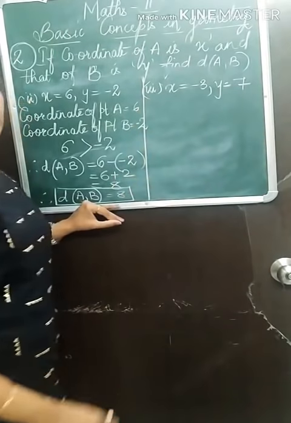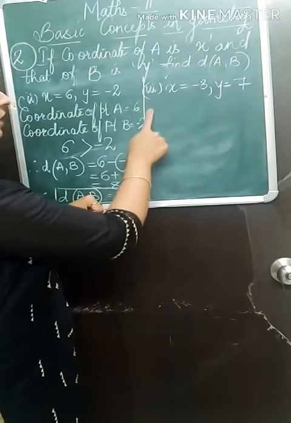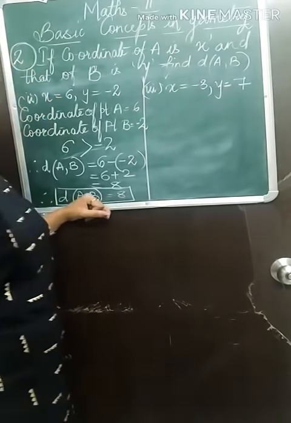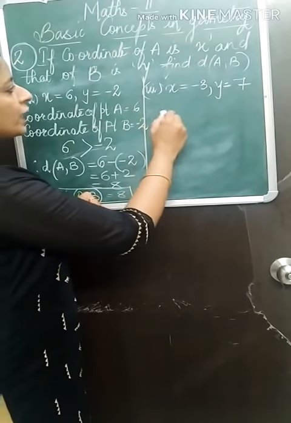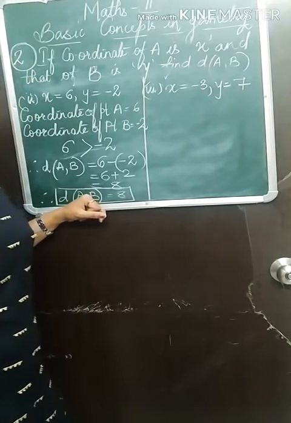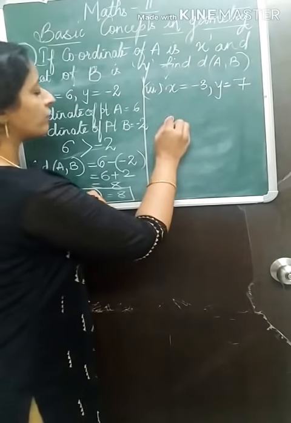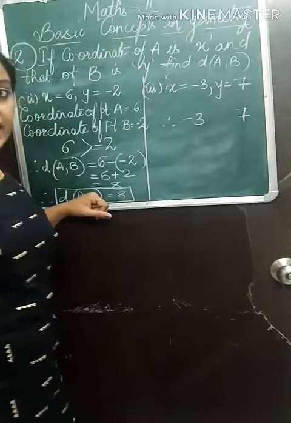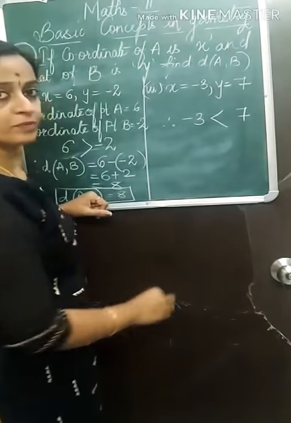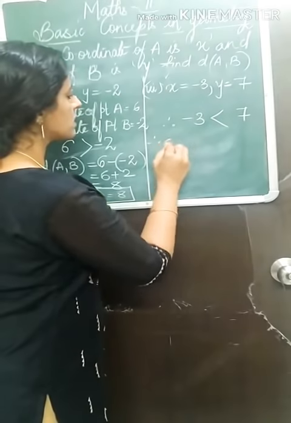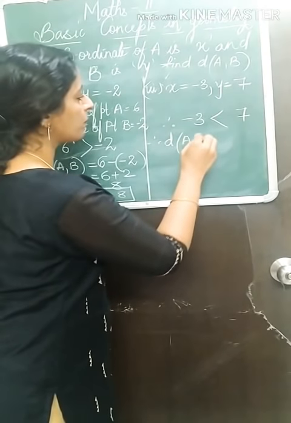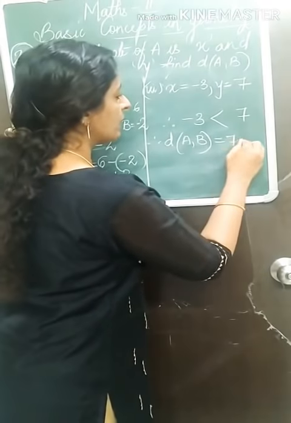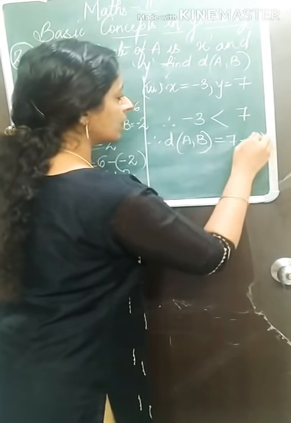Similarly, you will solve. I will guide. I want you to solve. First step you will write coordinate of point A equal to minus 3. Coordinate of point B equal to 7. Therefore, minus 3 and 7, the greater number is 7. Therefore, distance between A comma B is equal to bigger number 7 minus -3.